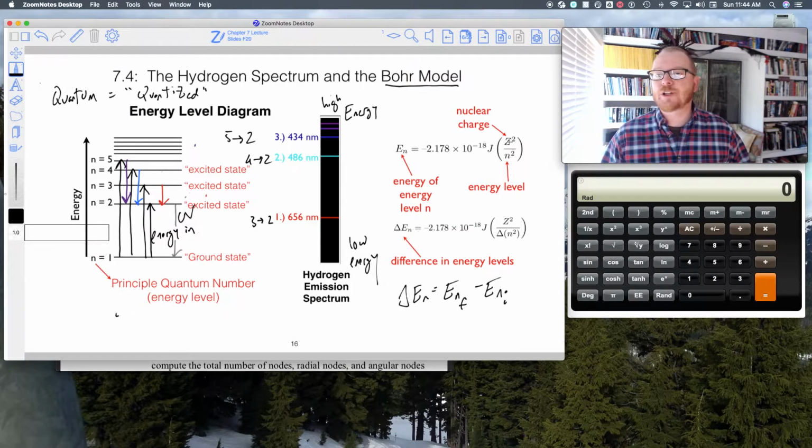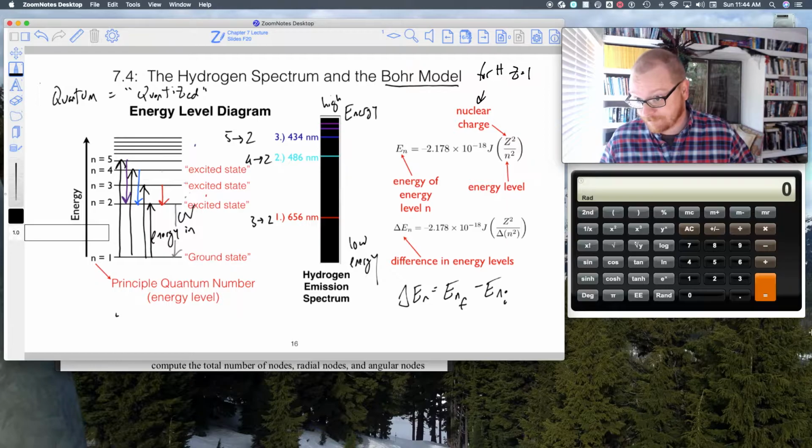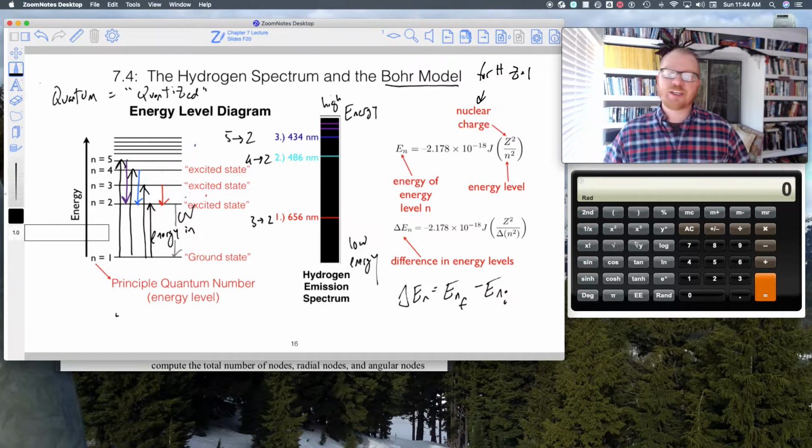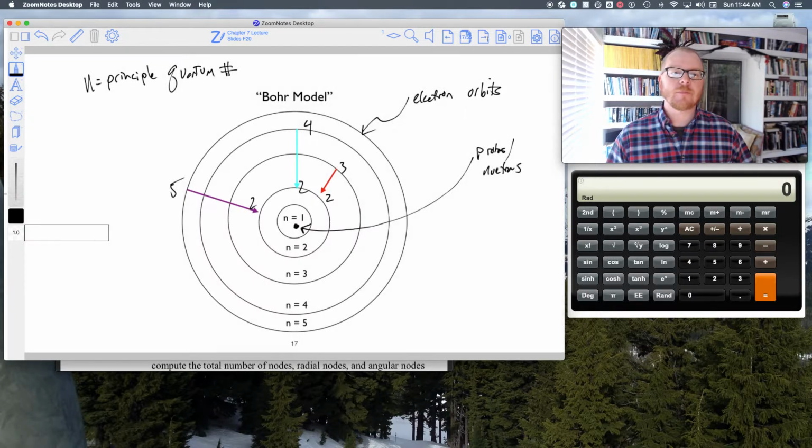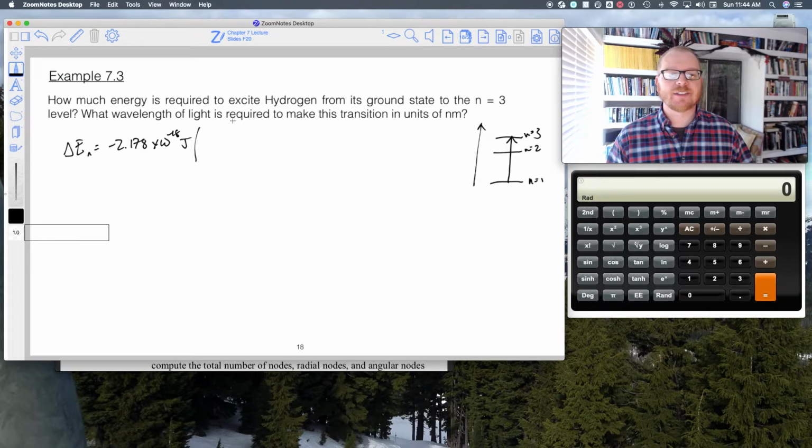Z squared is nuclear charge, and for hydrogen, z equals 1. It's got 1 proton, so z equals 1. So for hydrogen, this becomes 1 over delta n squared.